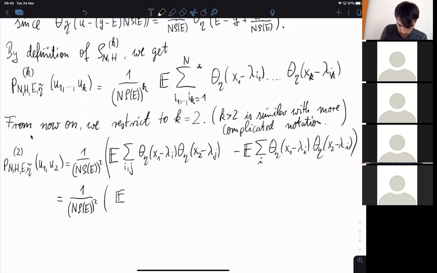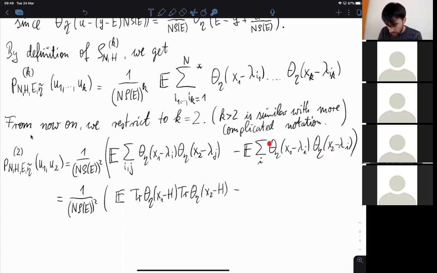Now the first factor only depends on I, and the second factor only depends on j, so I can put the j sum here. So what we end up with is the trace of theta eta of x1 minus H times the trace of theta eta of x2 minus H. And here both of them are the same.